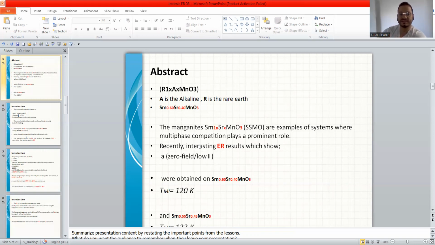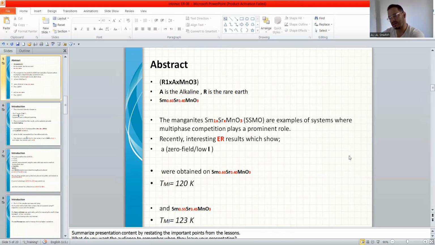Recently, interesting electroresistance results were shown, which we will see at the next slide. We will focus on important information. The resistance ratio is huge. Why? We'll discuss all of this information at the next slides.